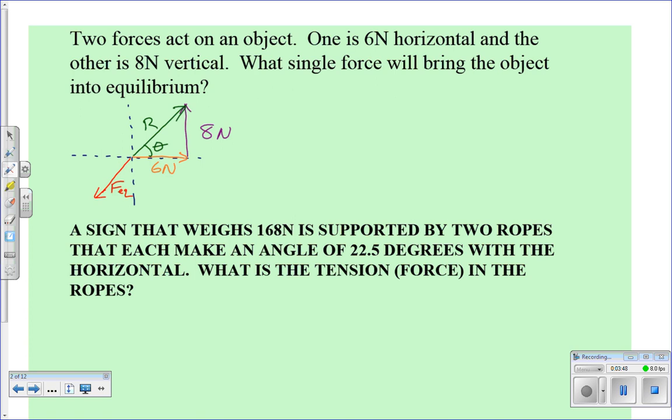Basically, all you have to do is find out what the resultant force is and what angle it is heading in, and add 180 degrees to the angle. So, again, we will actually do the math in class to finish working this problem, but I just wanted to use a diagram to give you an idea of what we're talking about with the equilibrant force. Equal in size, opposite in direction to the resultant.